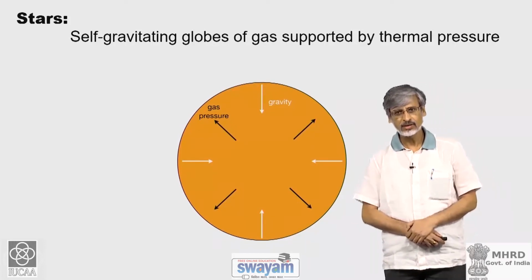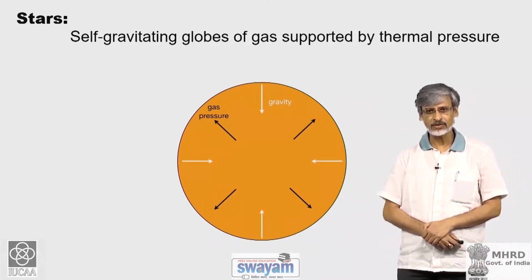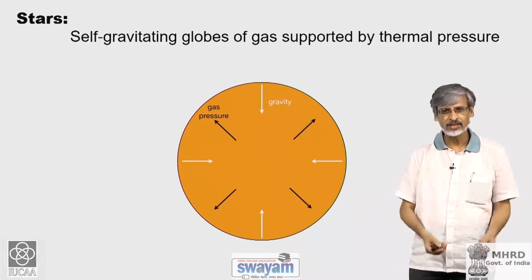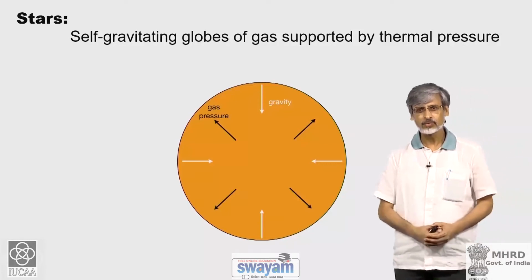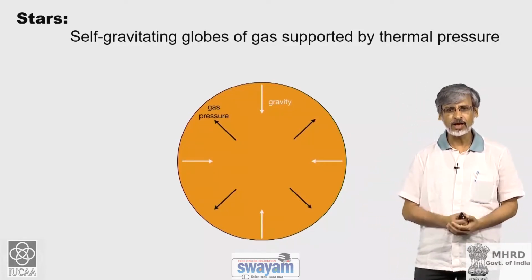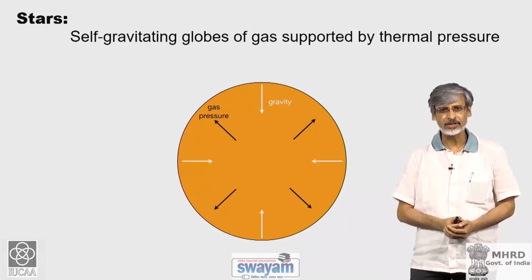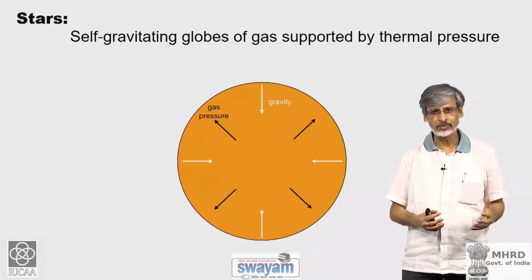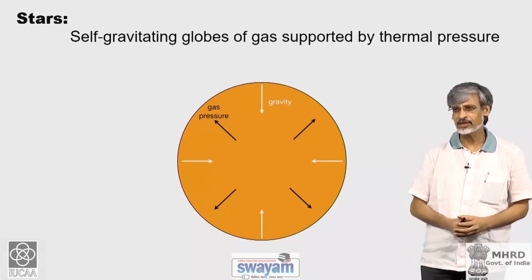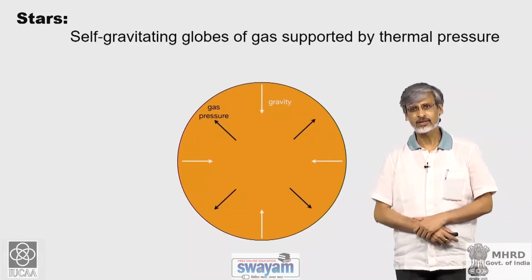So, material inside the stars is hot, and this hot gas, just like steam in your pressure cooker, produces an outward pressure, and this outward pressure then opposes the gravitational force and finds an equilibrium, and when there is an equilibrium we have a stable object, and that is the star that we normally see.